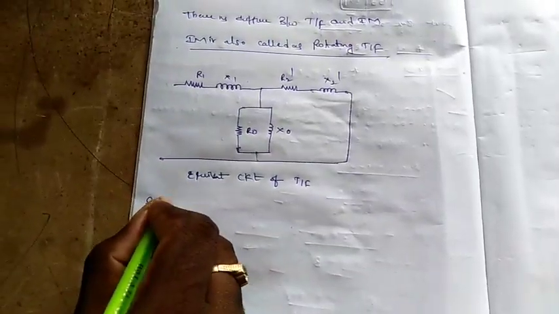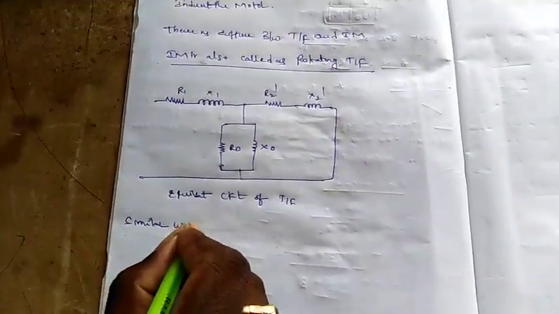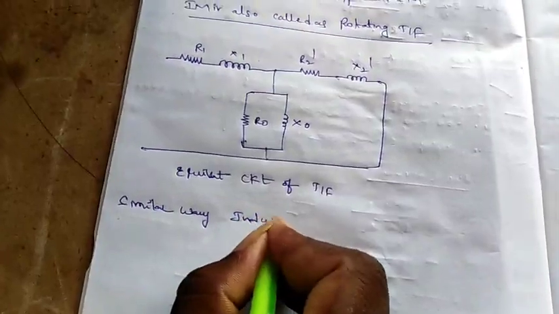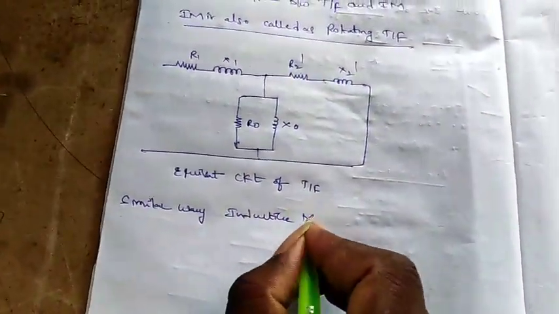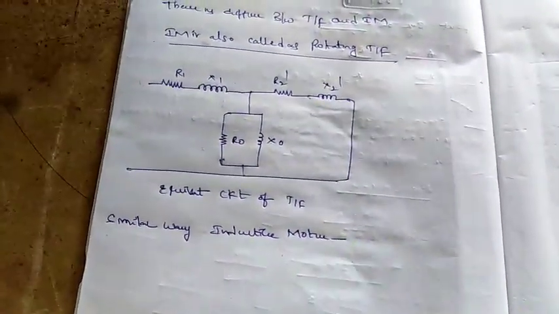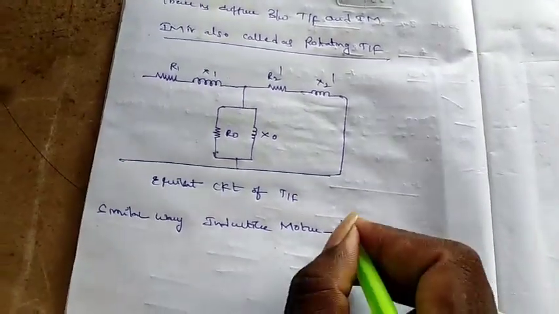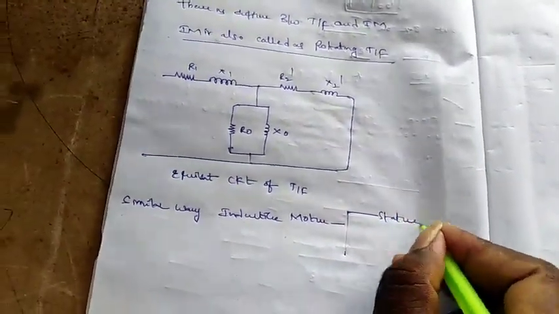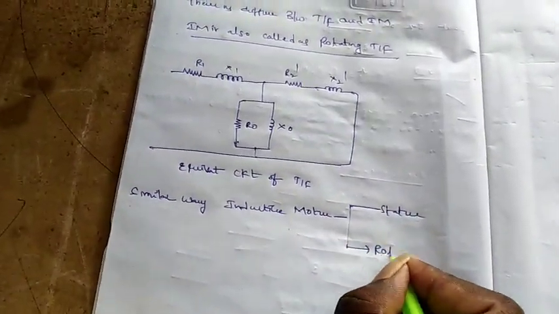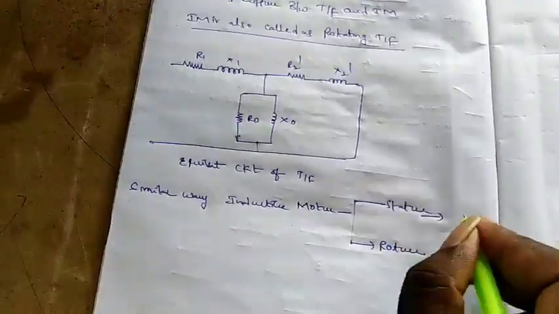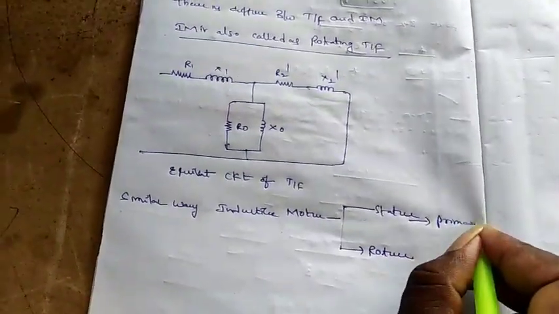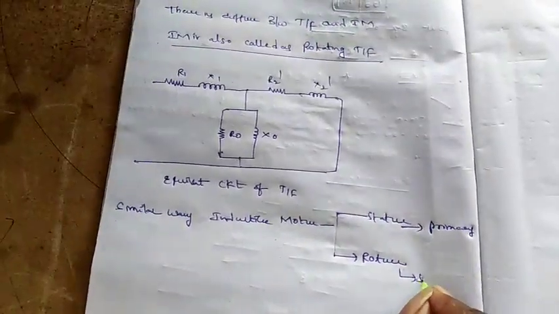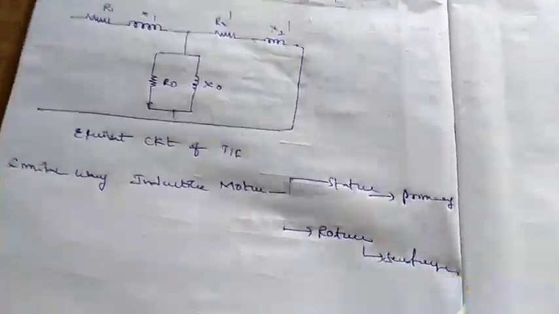Similar way, the induction motor also has stator and rotor. Stator means primary winding. Rotor means secondary winding.